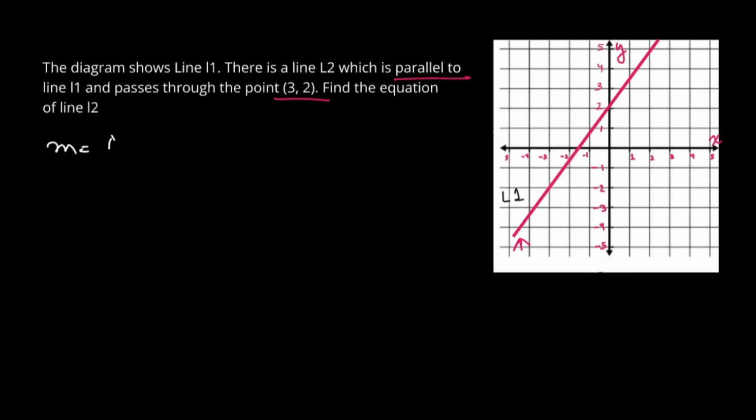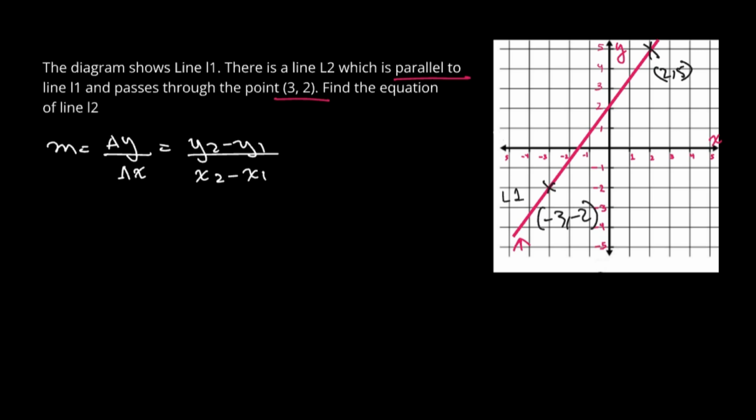Gradient is change in y over change in x, or you can simply say y2 minus y1, the difference in y coordinates, over x2 minus x1, the difference in x coordinates. So to find the gradient, I'll choose two coordinates on the graph. The first one is (2, 5). And the second coordinate I'm choosing is (-3, -2).